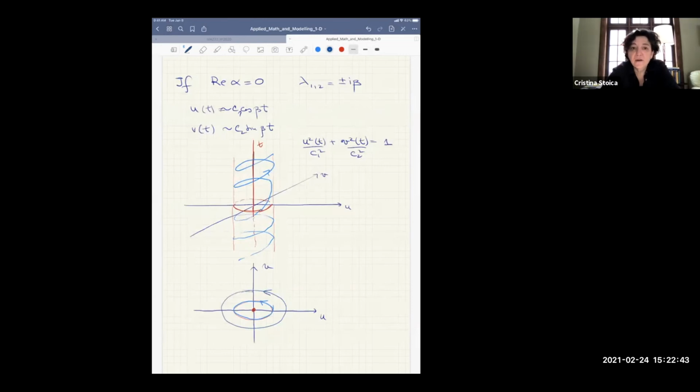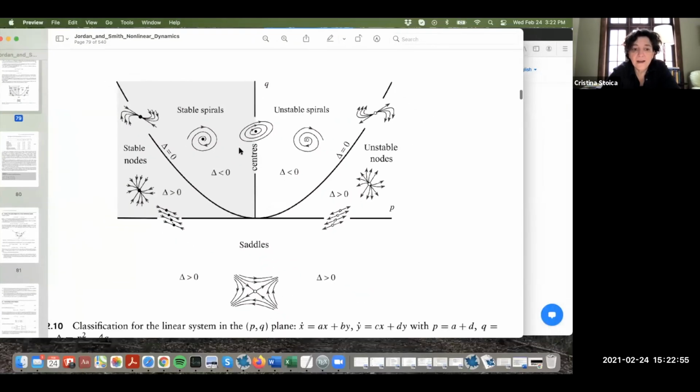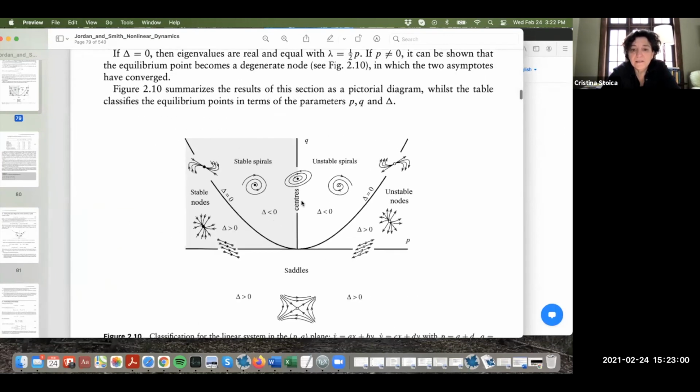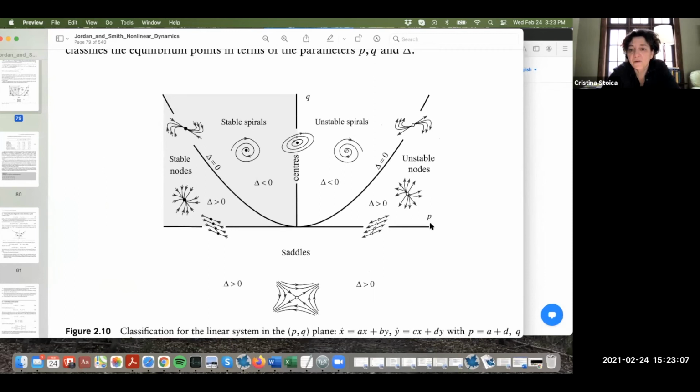It is on my learning space there, in that file at page 70, and this is the classification in terms of delta, the discriminant, P and Q, right? So P is on the horizontal, that was the sum, and this is the product, right?